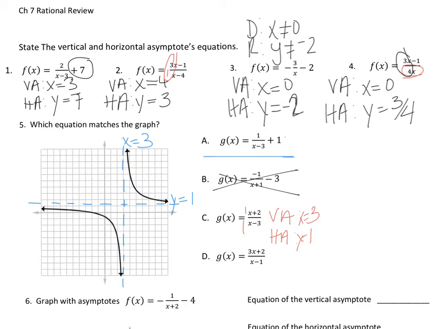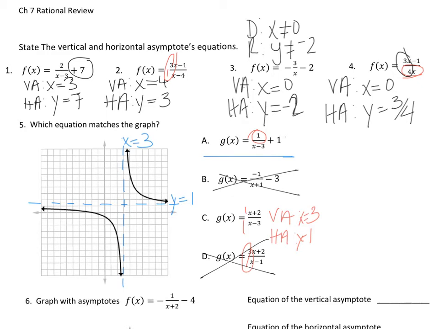And D cannot be it because it has a horizontal asymptote at 3 and the vertical asymptote at 1. So it's got to be either C or A. A has a coefficient, or an A of 1, which would put it in these quadrants that we see here. The other thing we can look at is, let's plug in 0. 0 looks like it's at about negative 3/4. So we've eliminated D as well from our equation.